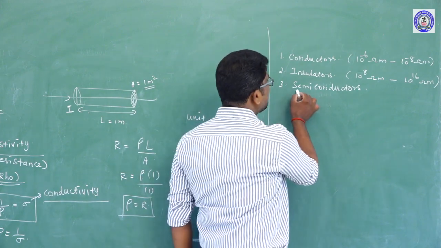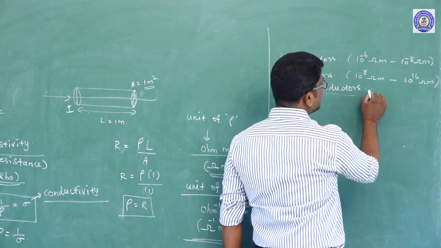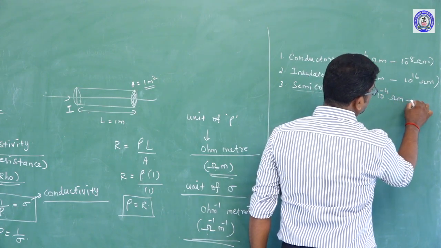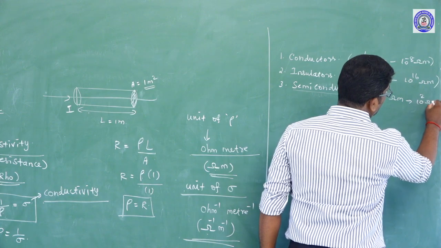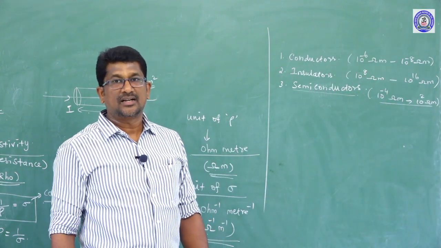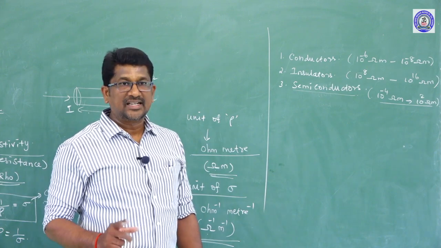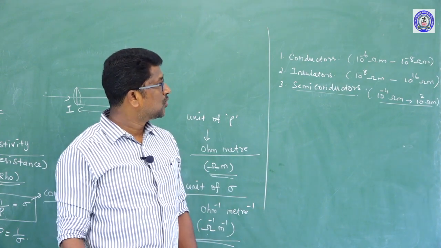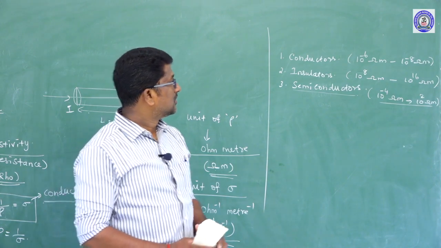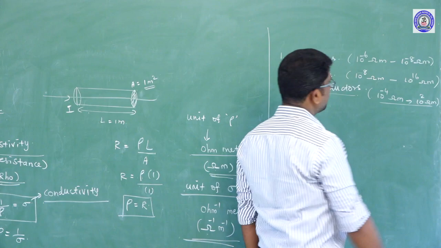And third, semiconductors. The materials having resistivity in between 10 power minus 4 ohm meter to 10 power plus 2 ohm meter are called semiconductors, right.